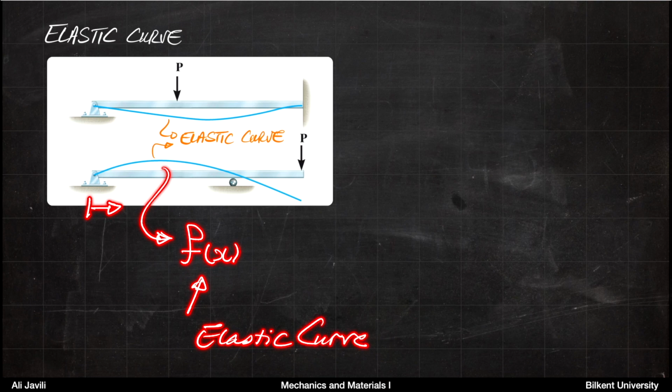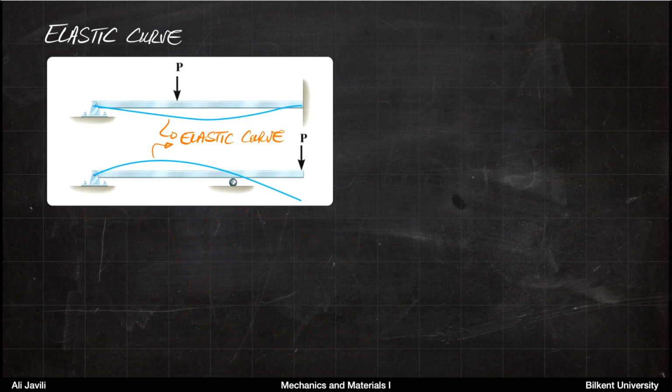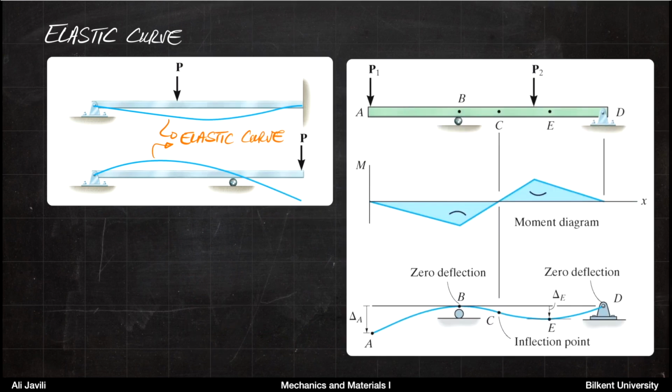Now in this lecture, instead of a function f, we call that v. Small letter v indicates deflection. So if you imagine you have an overhang beam here shown in the figure, and you have two forces P1 and P2 applied on it, you can imagine in the first portion on the left, the moment would be negative, and in the portion on the right, the moment would be positive.